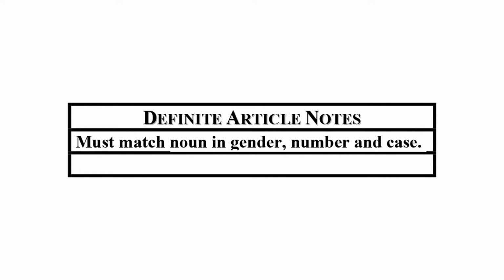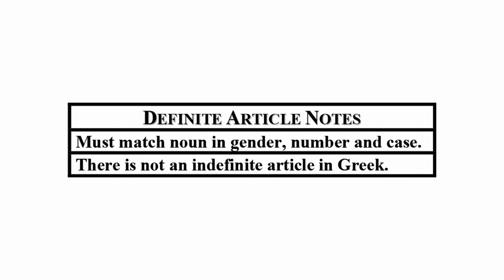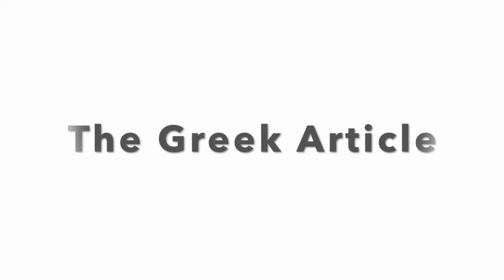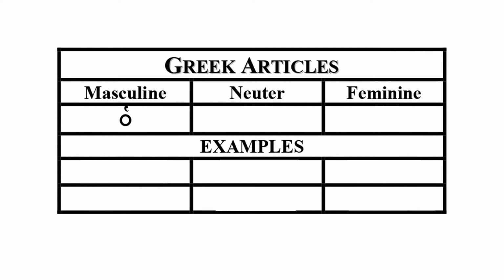There's one basic rule for the Greek article, and it's that it must match the noun in gender, number, and case. There is not an indefinite article in KOINE Greek. The masculine Greek article is ho, and it's pronounced that way because it has a rough breathing mark over the omicron.